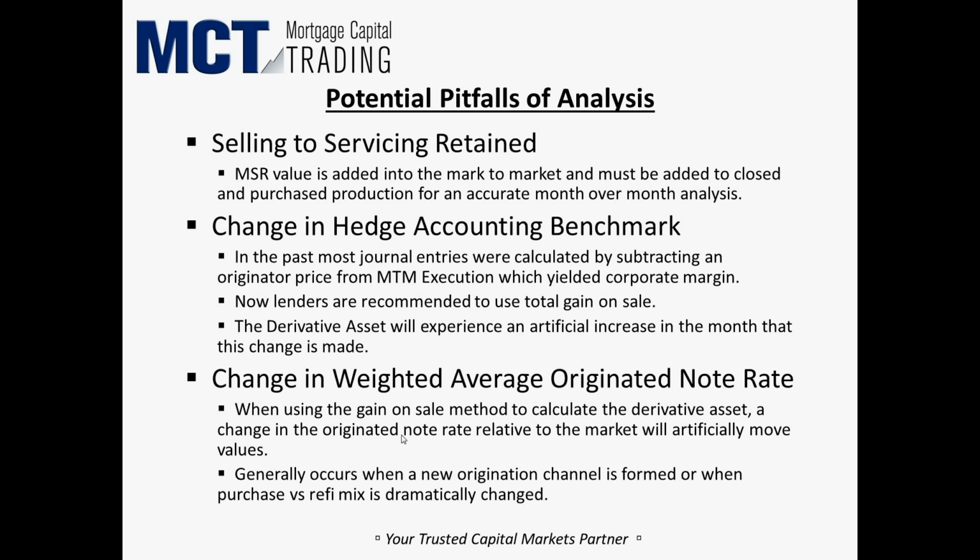Just some potential pitfalls that you're probably already experiencing, if any of these pertain to you. It's something to think about that this derivative asset analyzer will still be skewed by. First, when you're selling servicing retained, the MSR value, when we're marking the loan to market, we are marking that loan to market with the agency price.